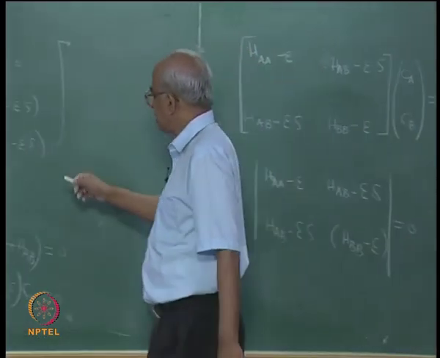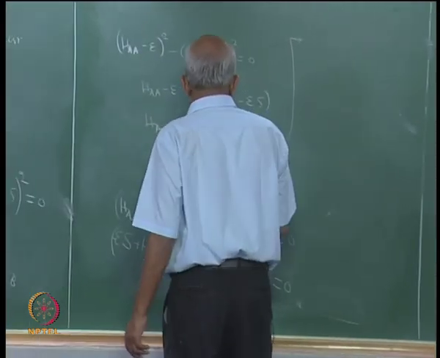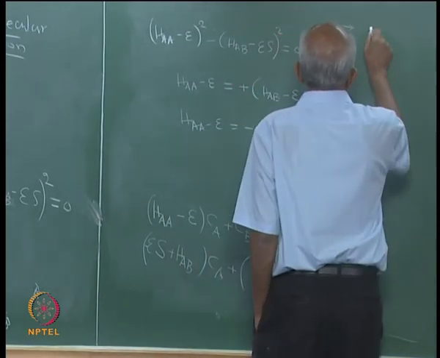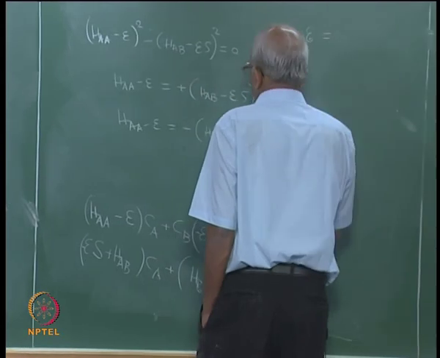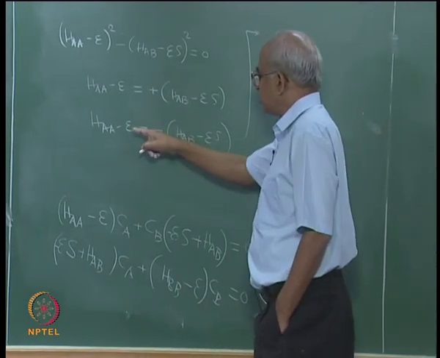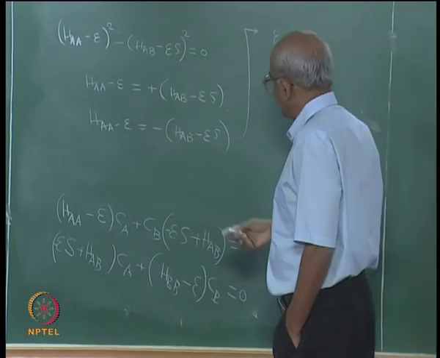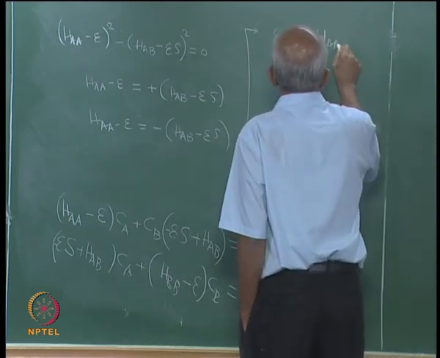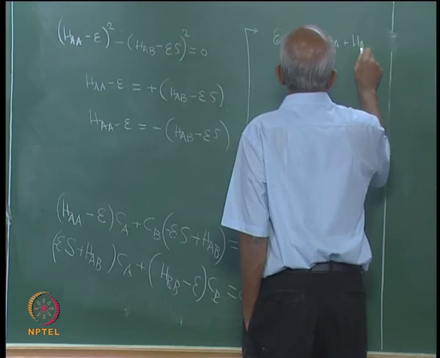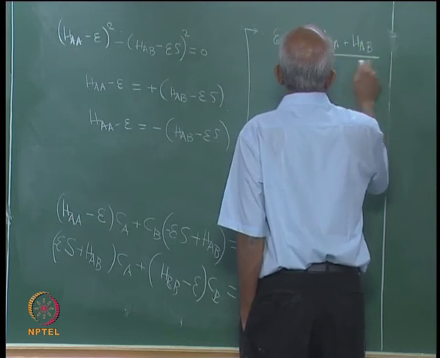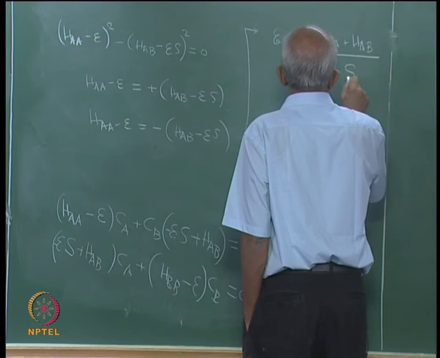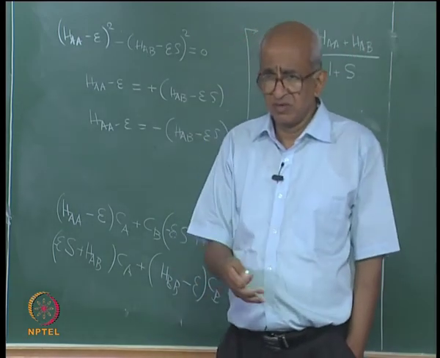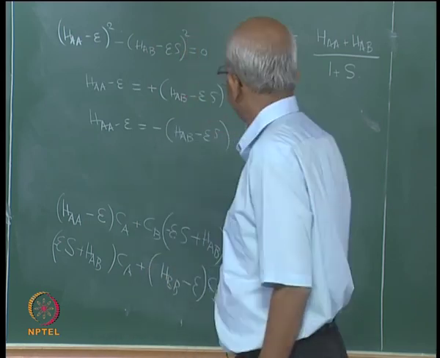So, let us look at the negative sign. If you look at the negative sign, what is going to happen? I need an expression for script E. Put the negative sign and solve for script E. What is the answer that you are going to get? You are going to get script E equal to HAA plus HAB divided by 1 plus S. Convince yourself that this is the answer.